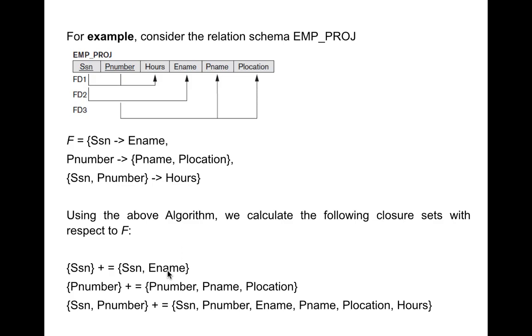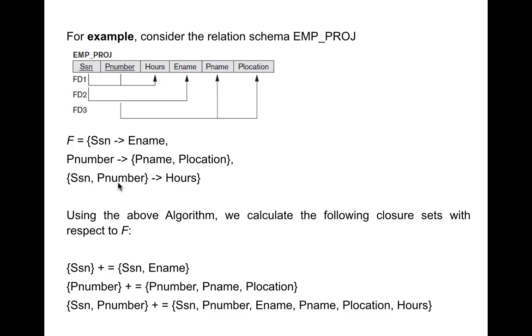How we got this is, if X gives Y, X would give X as well as Y. Now let's take P number closure. P number closure should give us P number, P name and P location. In the next example, we can get to know more.